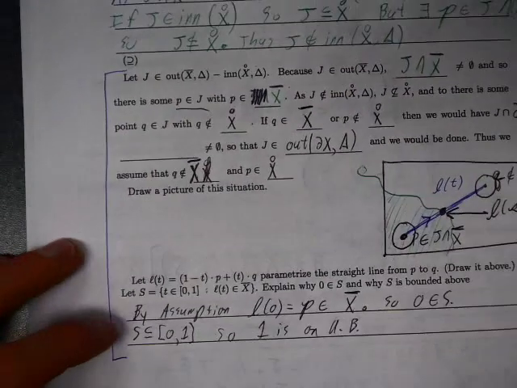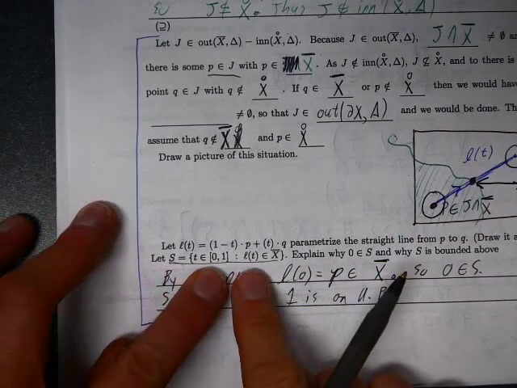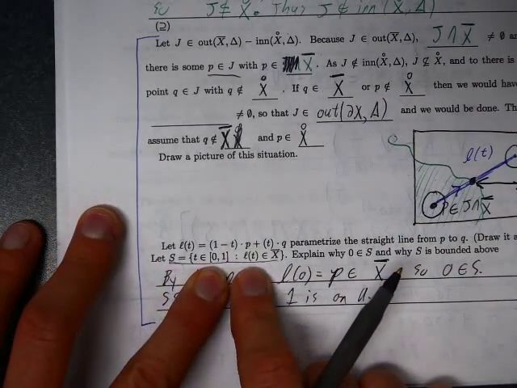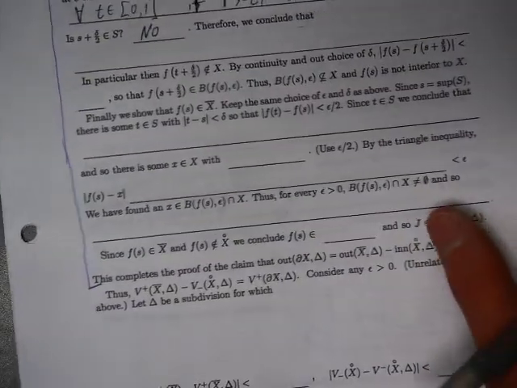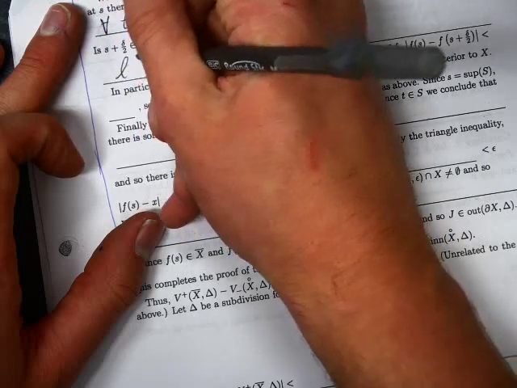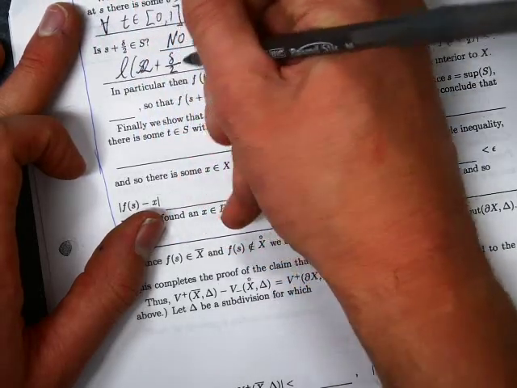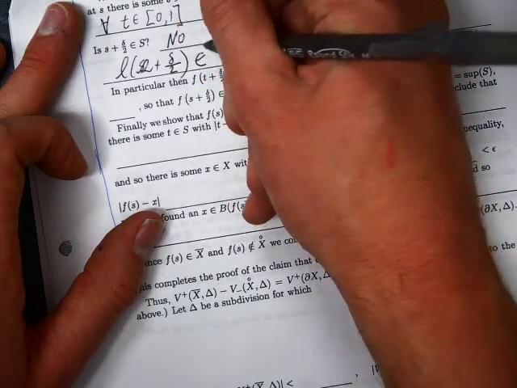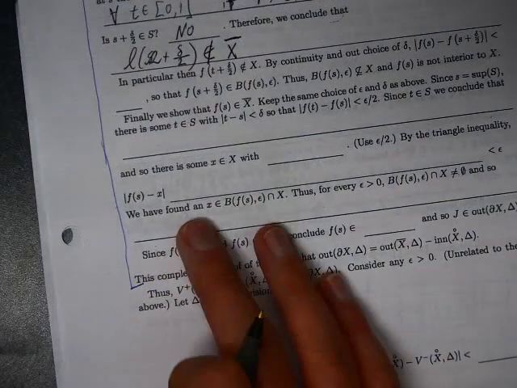And if you remember, it's all things in [0,1] for which L of t is in the closure. So it must be that L of s plus delta over 2 is not in the closure of X.